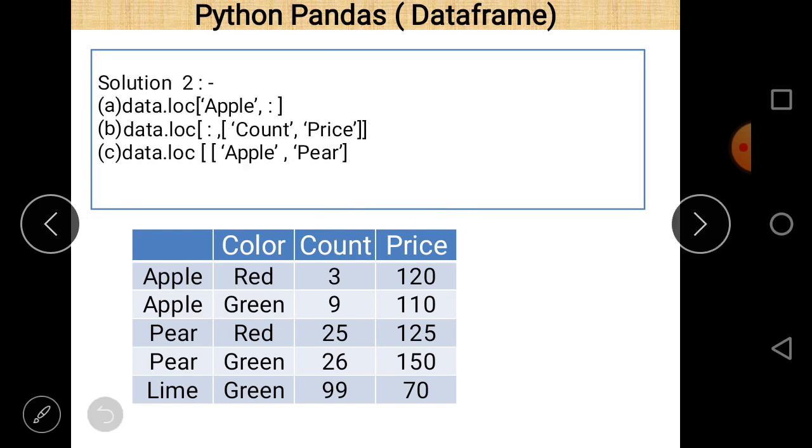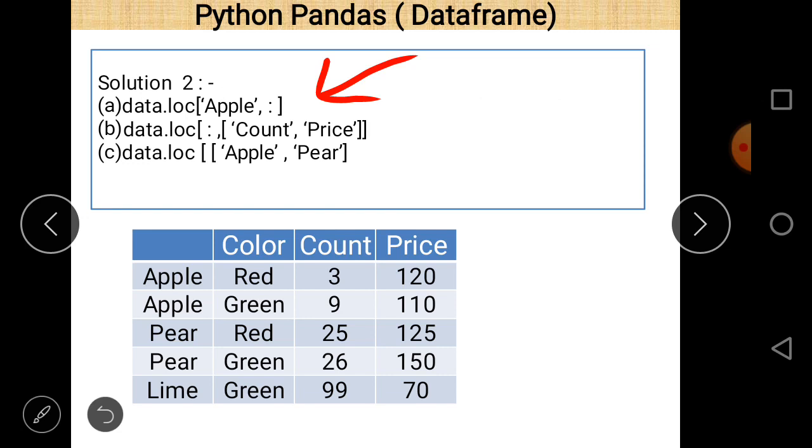So what is the answer? The answer is, since all rows should be selected, we put the colon sign here. To put the colon sign in place of rows means that all rows should be selected, and after that, since there are two columns and the column names are count and price, these two column names are given in a bracket, count and price here.